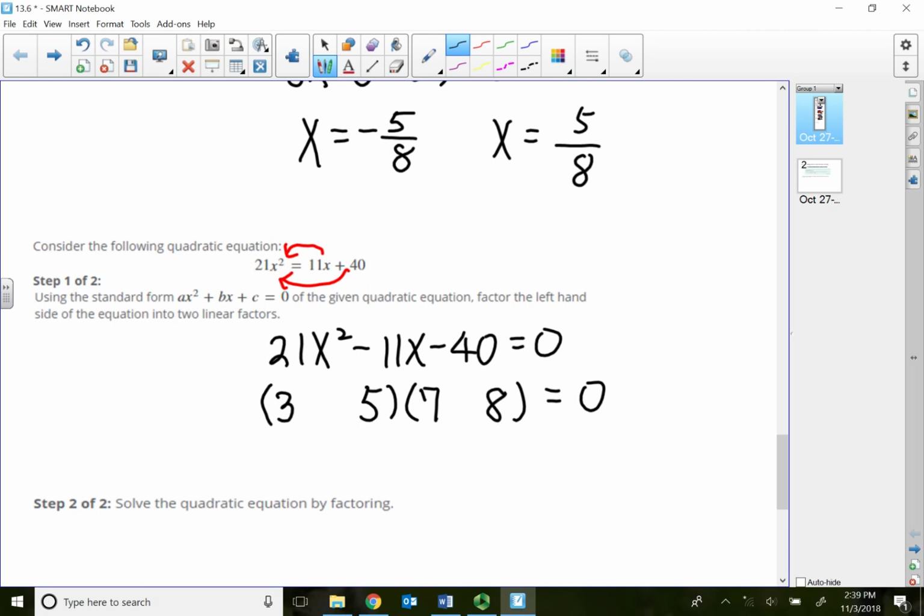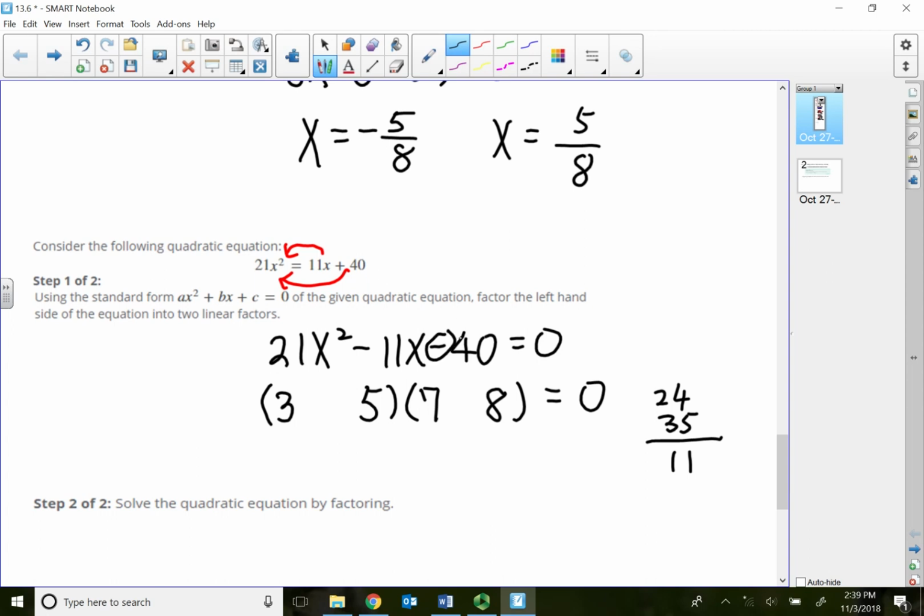Will it be too big? Maybe. Let's see, that's 35. 7 times 5 is 35. 3 times 8 is 24. 24 and 35 combined. I know my last sign is negative, so I must subtract. 35 minus 24 will be 11. Okay, so these numbers are good to go.